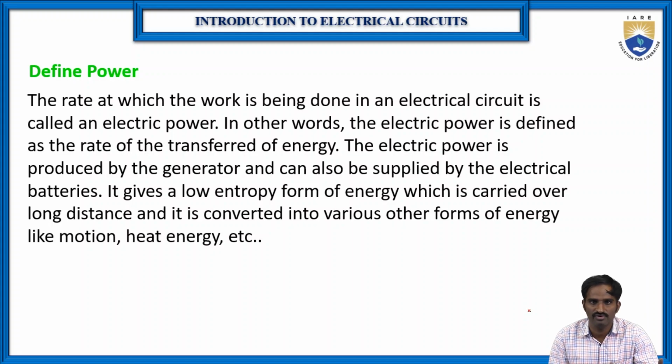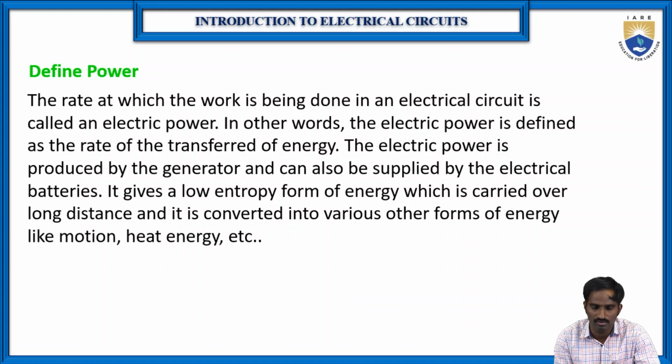Power is nothing but the work. Suppose there is a displacement: if you apply some force, that object will move from one place to another, which means work has been done. That is the mechanical work, or mechanical power. Here it is electrical power, so also the rate at which the work is being done. The work here means the current.